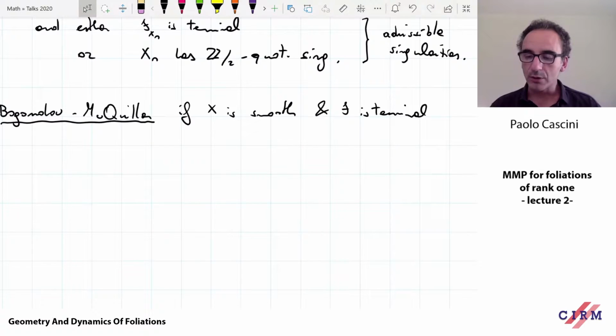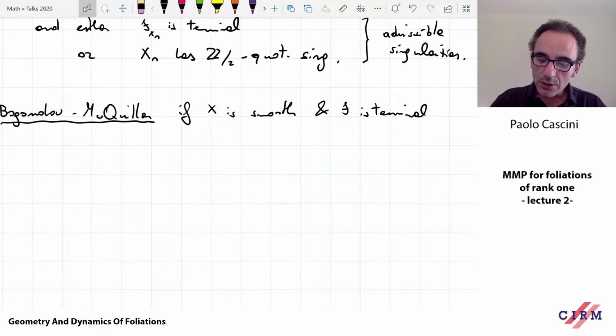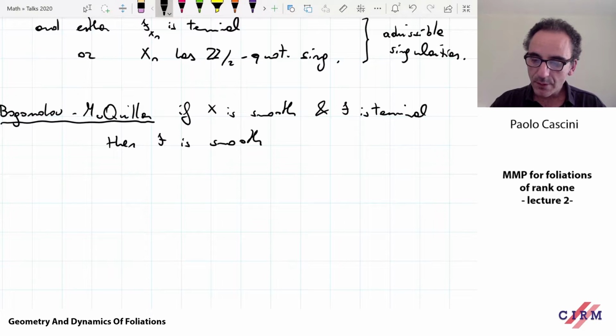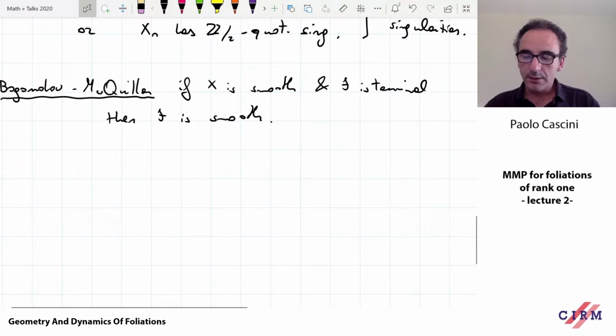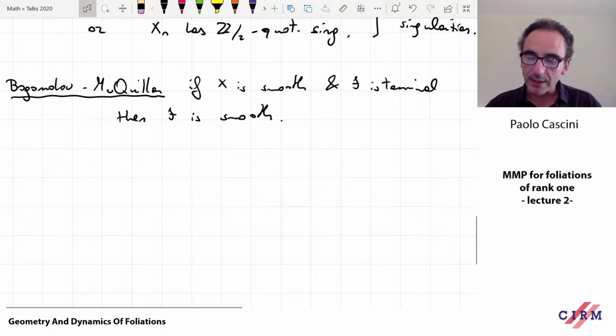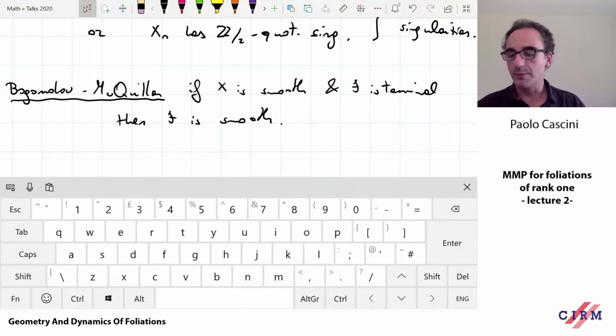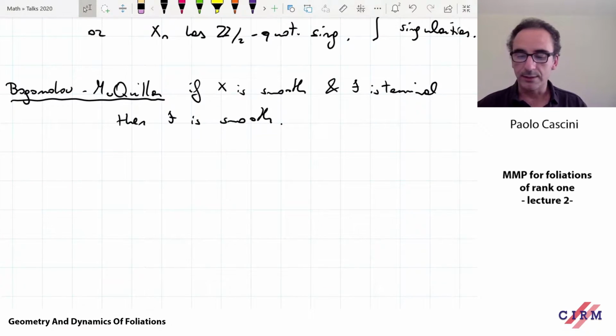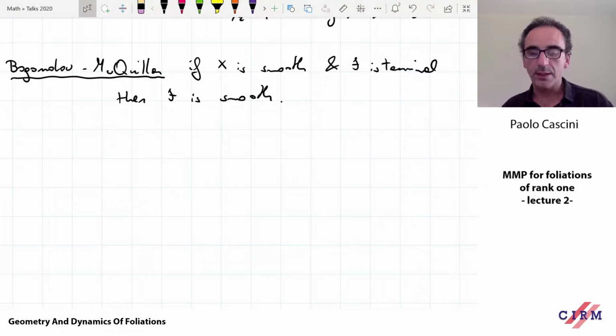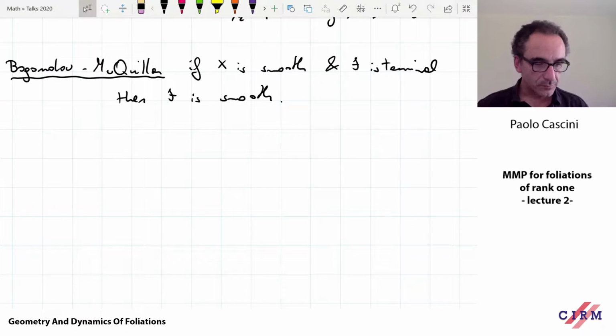It's the mildest among the singularities that appear in the MMP. In this case, F actually happens to be smooth. So in other words, if you know that the underlying variety is smooth, then being terminal and being smooth is exactly the same. So what plays a role here are canonical singularities.